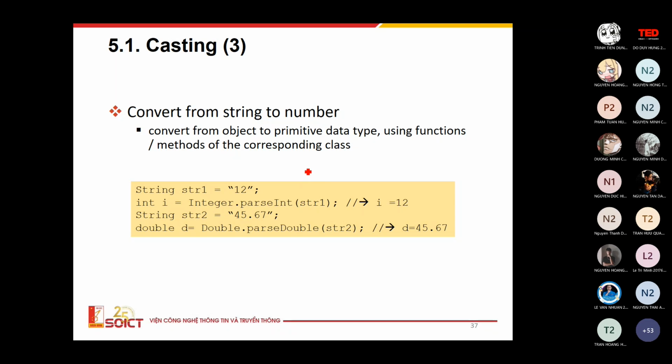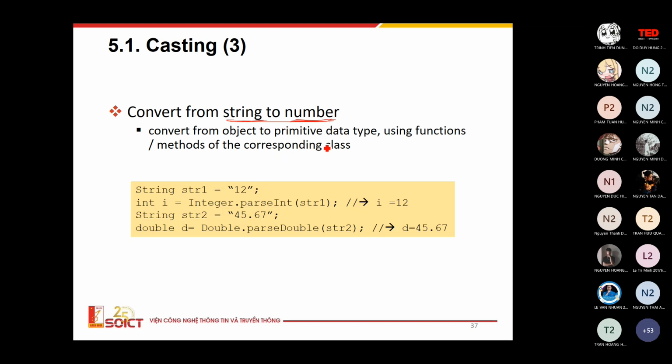That's all. So this is just to show you how you can convert from a string to a number. You can learn it later when you learn about the string, but I have to introduce it here because sometimes you have to do the homework.